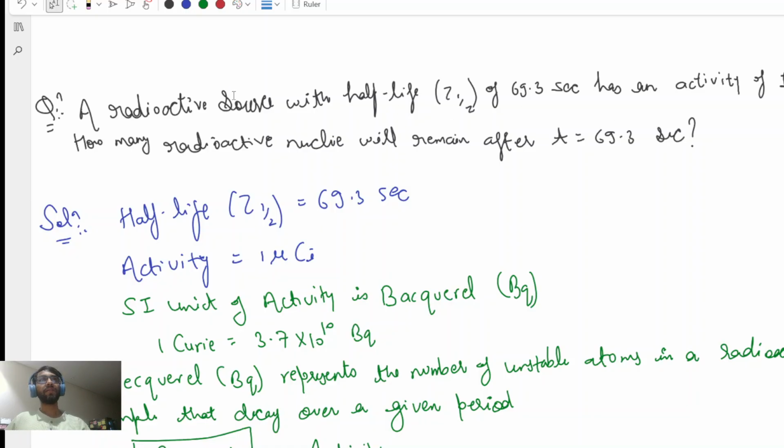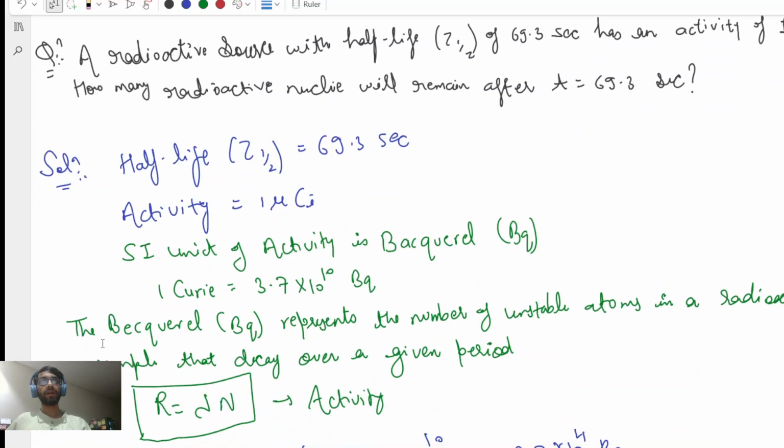So we are given a radioactive source which has this half-life. Basically it's a formula-based question. But first we have to convert this microcurie into becquerel. The SI unit of radioactivity is becquerel. 1 curie equals 3.7 times 10^10 becquerel.